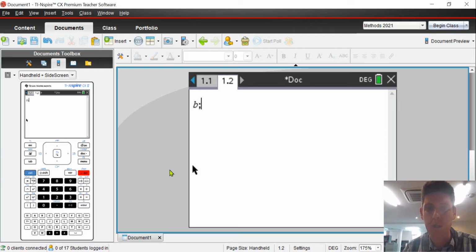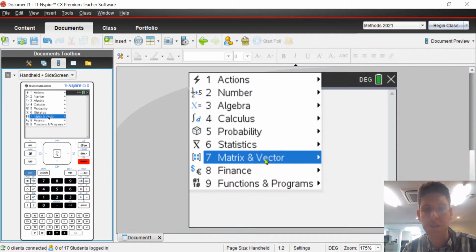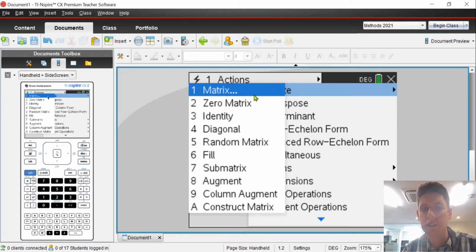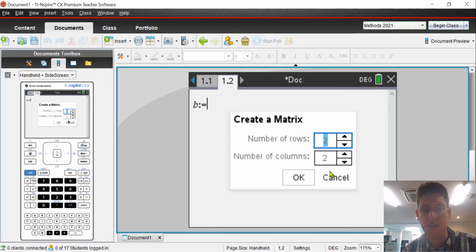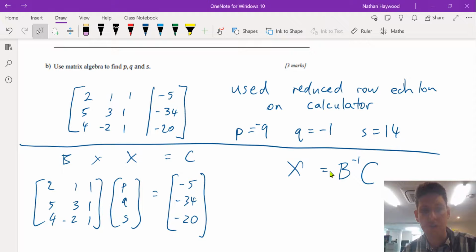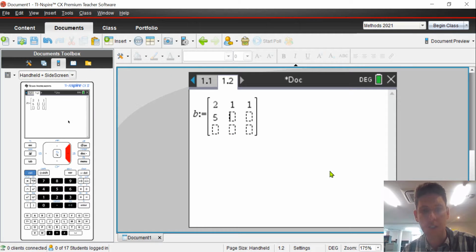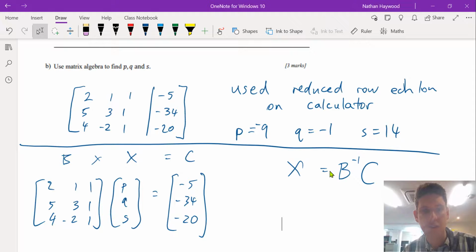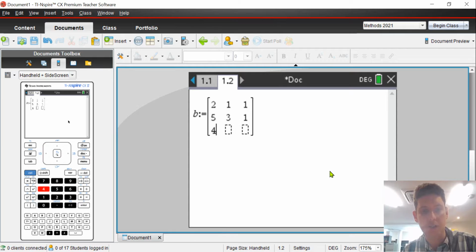So we need a B matrix, menu, matrix, create, and this time we've got a 3 by 3. First equation, 2, 1, 1. Second equation, coefficients. Third equation, coefficients.